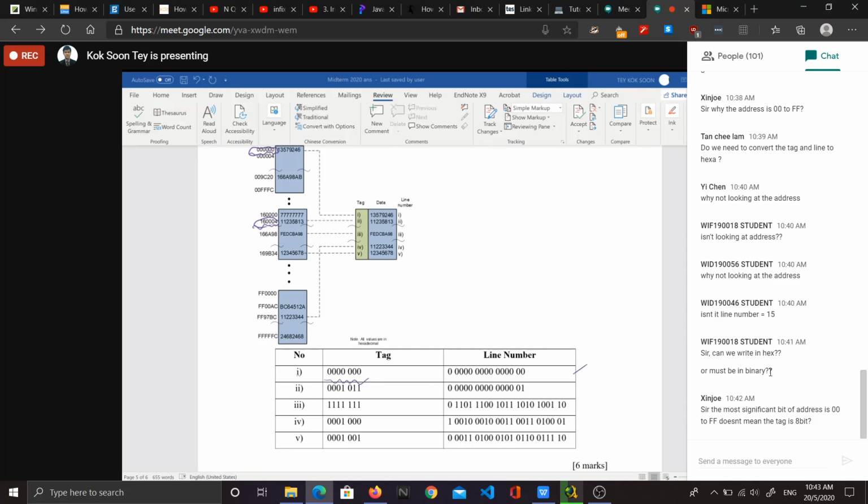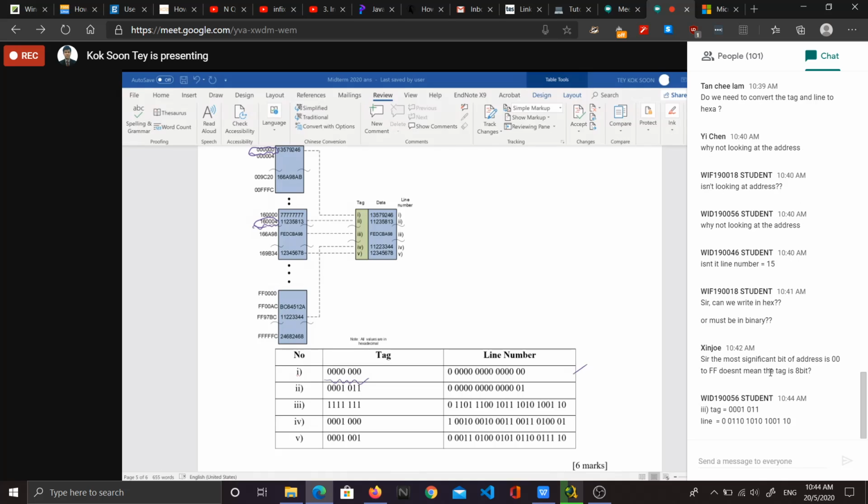Then write in hexa or binary. In hexa or binary should be okay, but prefer binary. The most significant bit of the address being 00 to FF doesn't mean the tag is 8 bits.